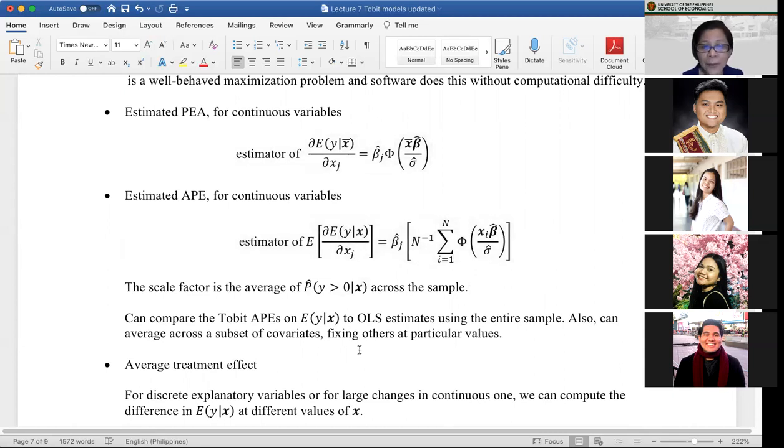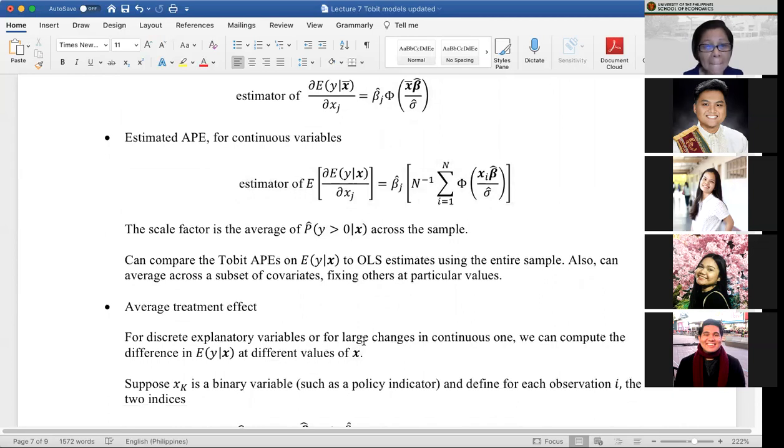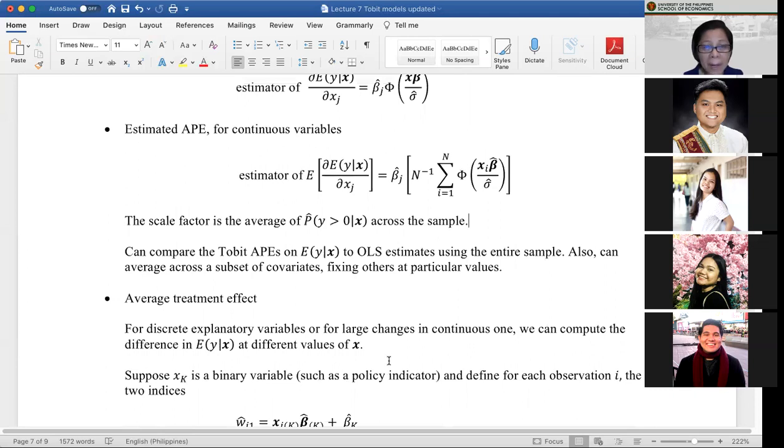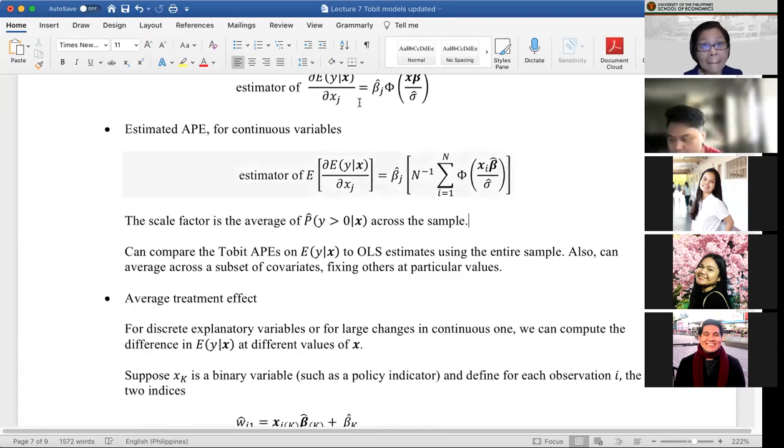For the average treatment effects, we look at the effects when the particular x is a binary variable, or when you have large changes for the continuous variables. Since when you're getting derivatives, you are looking at the marginal effect, if you have large changes, then the derivatives are not valid to estimate the changes.